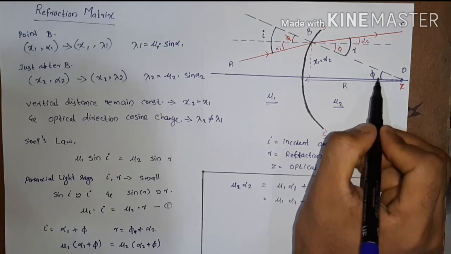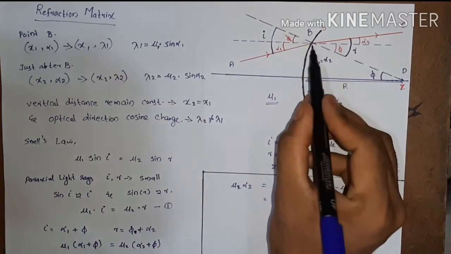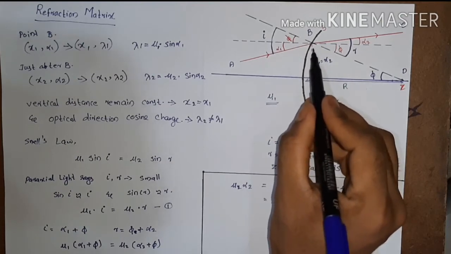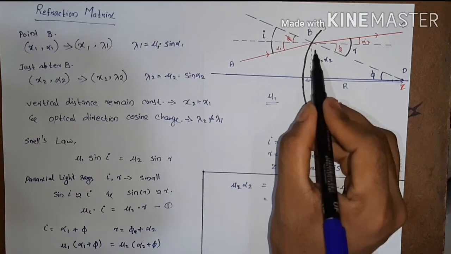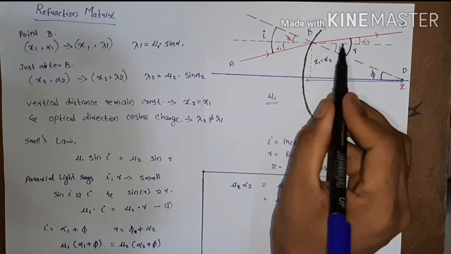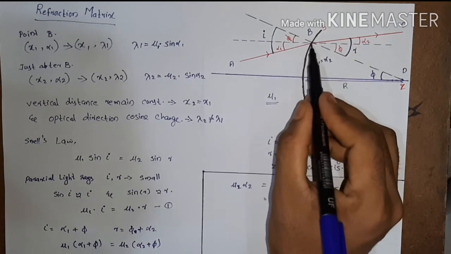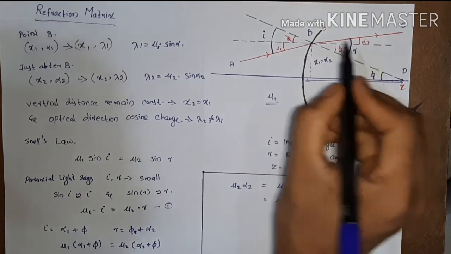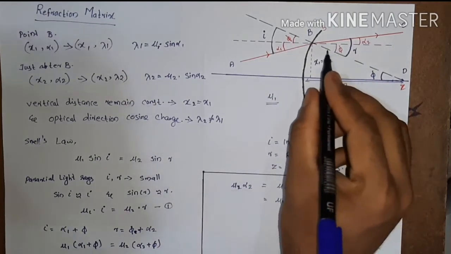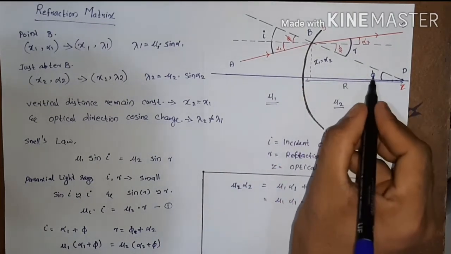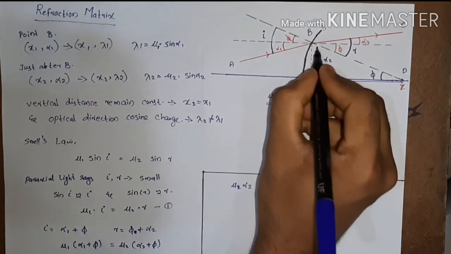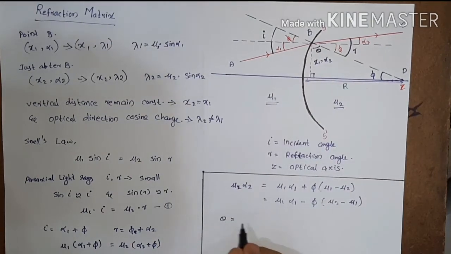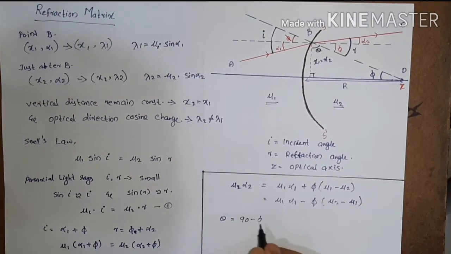I am dropping a perpendicular from this point, so this angle will be 90, and this angle will be 90 minus phi. This optical axis and this perpendicular make a 90 degree angle, so this angle is 90 minus phi. I am representing this angle as theta, so theta is equal to 90 minus phi.